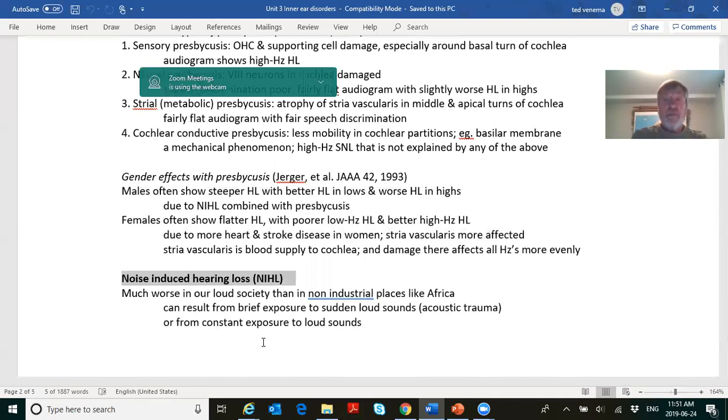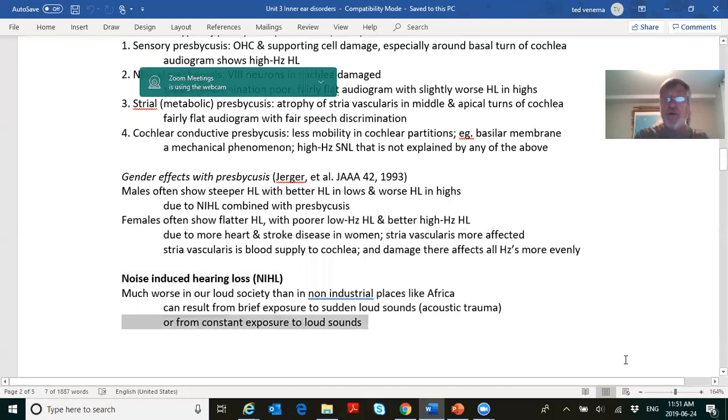One is a rifle shot too close to the ear, bang! And it caused, whoa, noise-induced loss, permanent. Unusual, but can happen. Or it can mean because the person was daily working at a sawmill, using chainsaws, and not wearing ear protection. That would be from constant exposure to loud sounds.